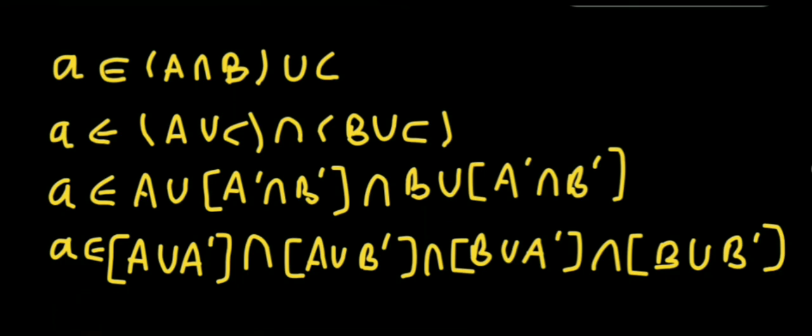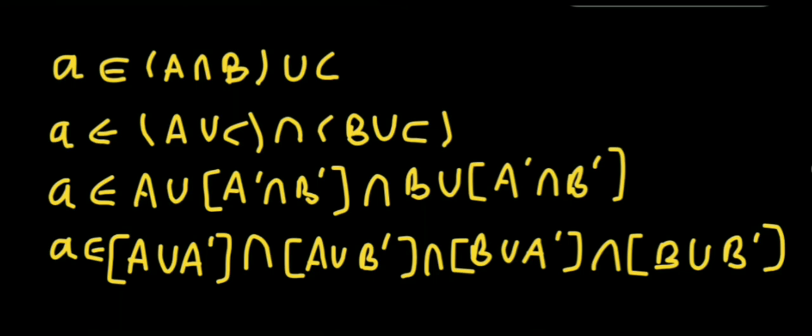Here we are using the properties of union and intersection. So we can write (A union A prime) intersection (A union B prime) intersection (B union A prime) intersection (B union B prime).